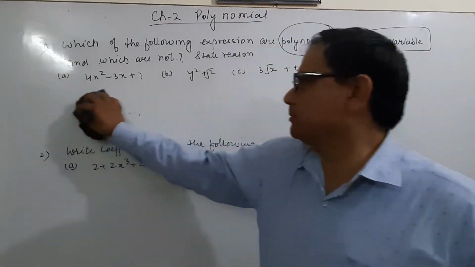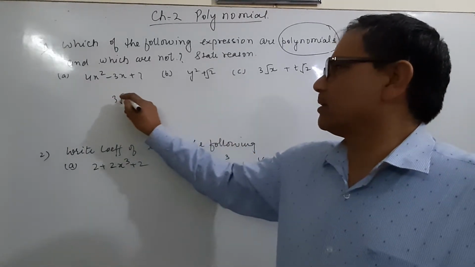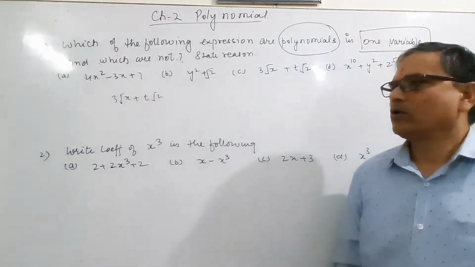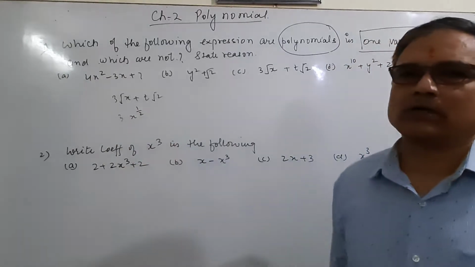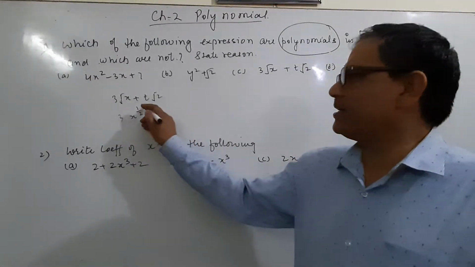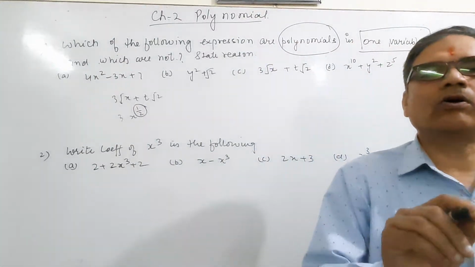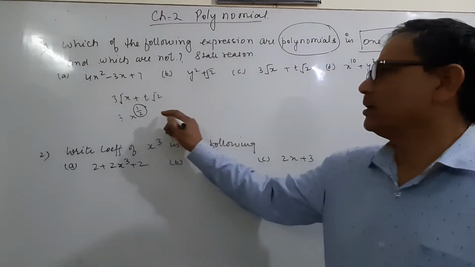Now the third one, 3 root x plus t root 2. Is it a polynomial? No. First, 3 root x means x to the power half. The power of x is 1 by 2, and 1 by 2 is not a whole number. So therefore, it is not a polynomial.